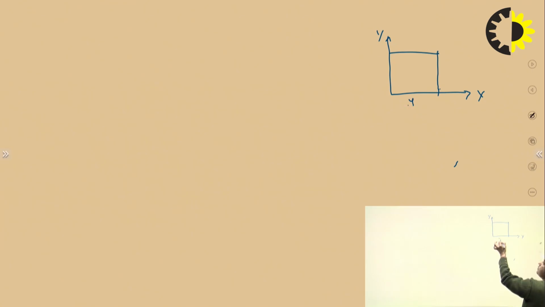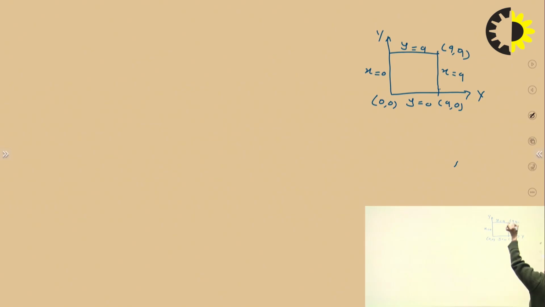This line will be y equal to 0, as the equation of the x-axis is y equal to 0 and the equation of the y-axis is x equal to 0. Suppose this is the x equal to a line and this is the y equal to a line. So the coordinates will be 0, 0; a, 0; a, a; and 0, a. We name the points O, A, B and C.